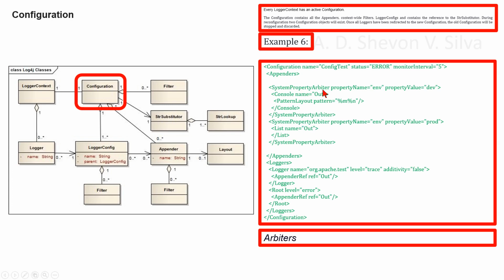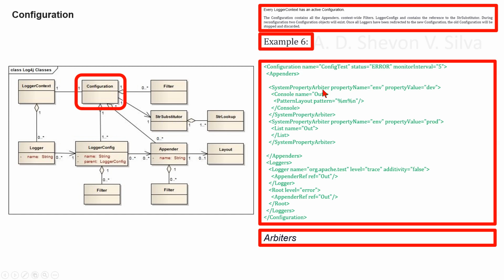Arbiters may also be nested, although arbiters that are descendants of another arbiter will only be evaluated if the ancestor returns true. The child elements of an arbiter must be valid elements for whatever element is the parent of the arbiter.